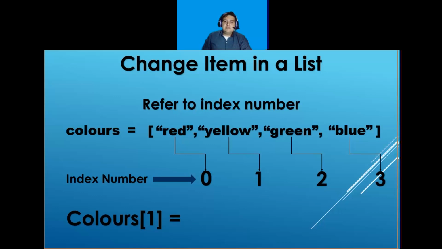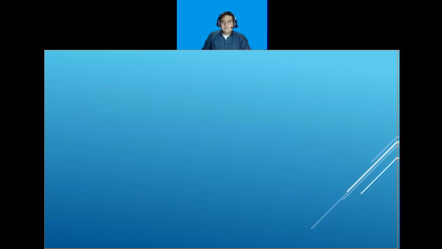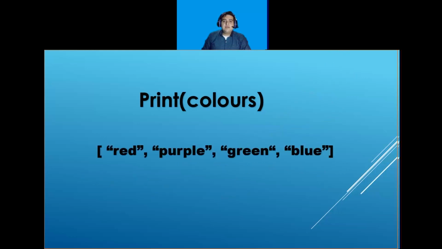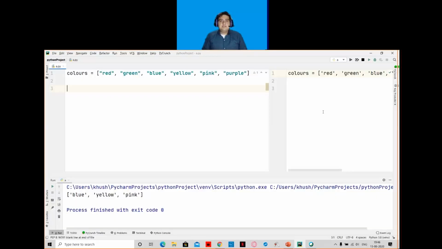The new element is purple. So it will replace the yellow and put the new element purple. If I print the list here, it will give me my new list in which yellow is replaced by purple.